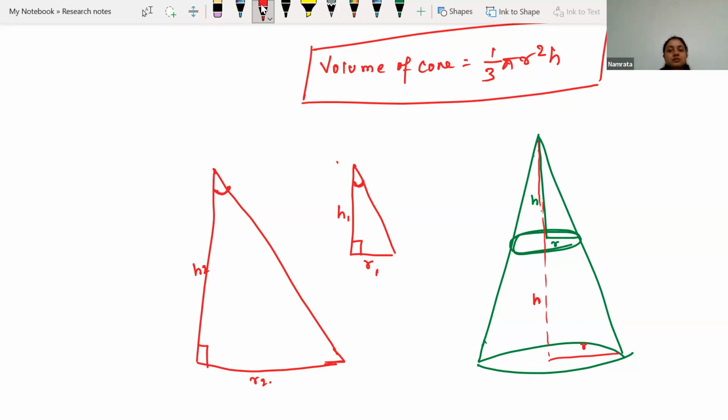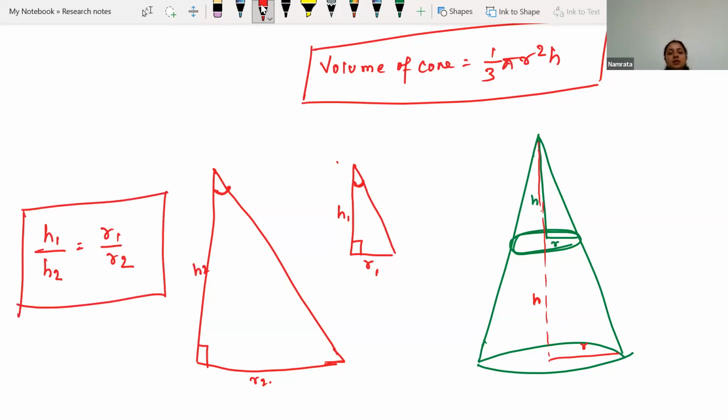So we can say that the ratio height 1 by height 2 must equal radius 1 by radius 2. Sides will be in proportion with each other, right? Are you getting it?